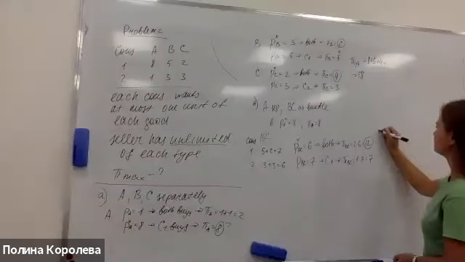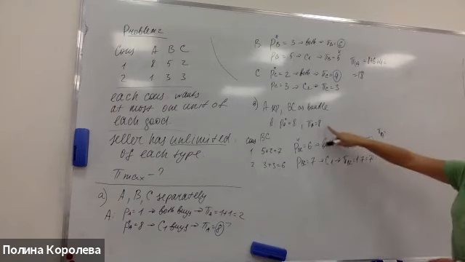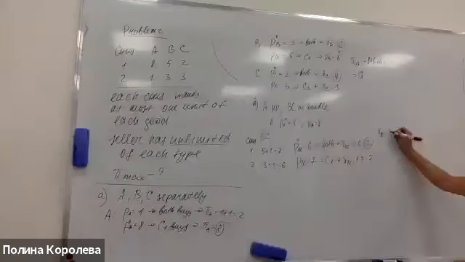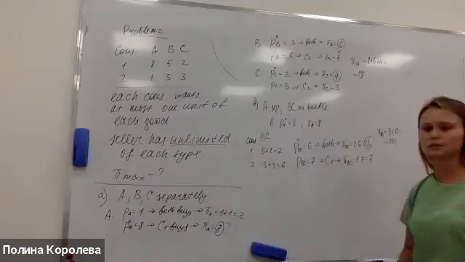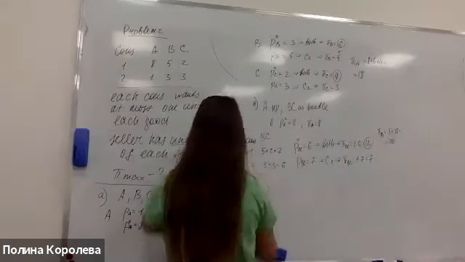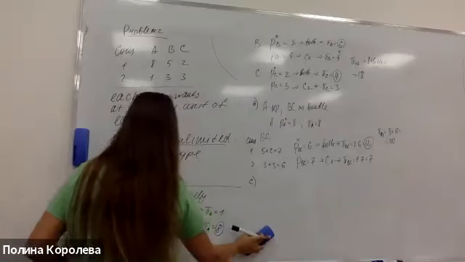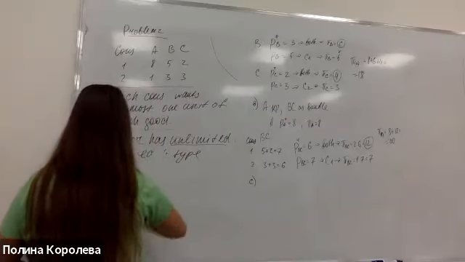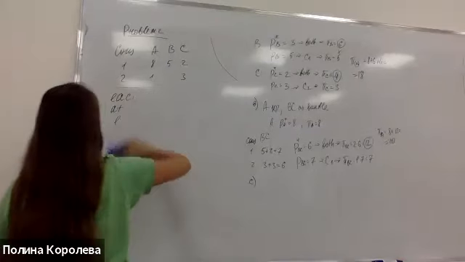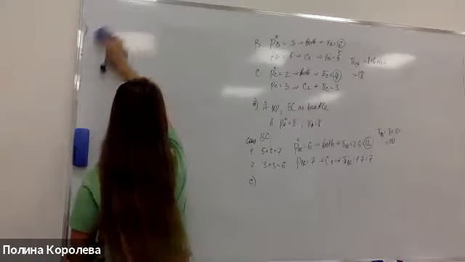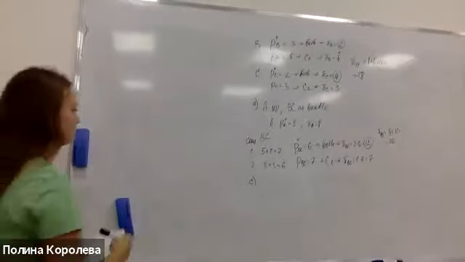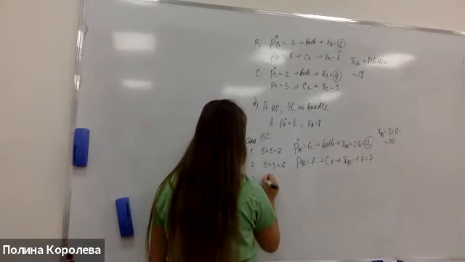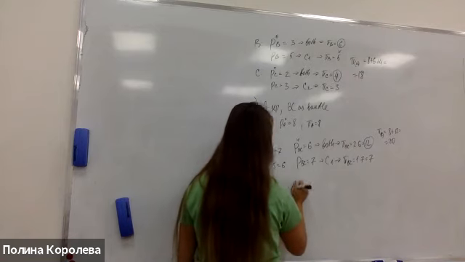So maximum profit in point B, how much? 8 plus 12, 20. This will be the profit if we sell A separately and BC as a bundle. Next, C. We will sell B separately and AC as a bundle.